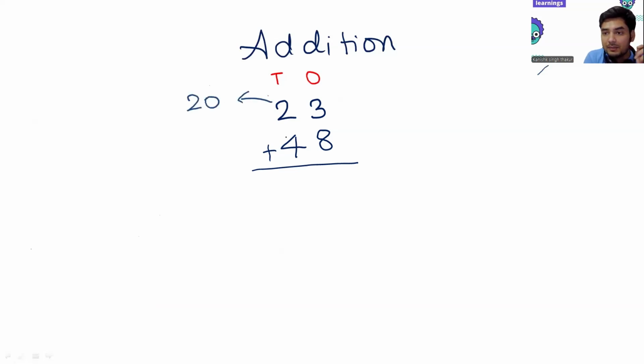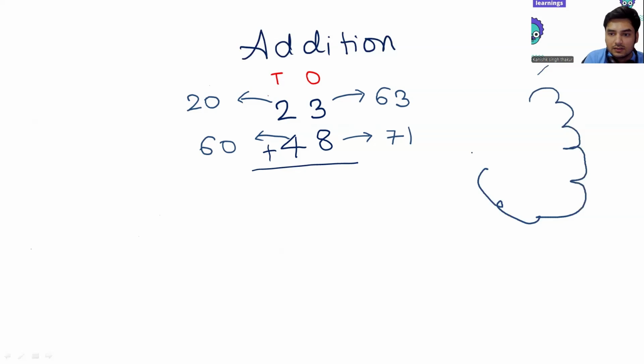Okay. Now I'll be adding whatever number I get next. This 4 is written in the tens place, so I'll add 40 to it, so it would be 60. 20, then 40, I get 60. Then since this 3 is written in the ones place, this would be 63. And this 8 is written in the ones place, so this would be 63 added to 8, so that would be 71.